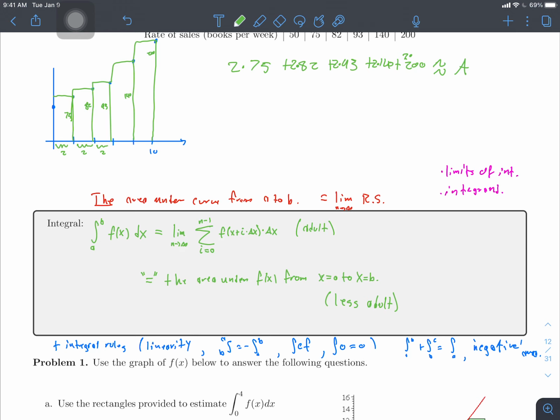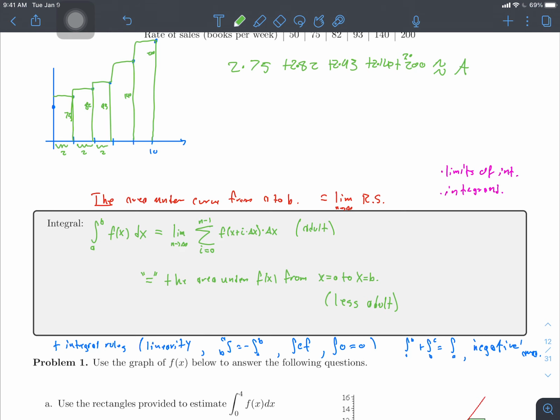The adult version says we take a Riemann sum and allow the number of rectangles to become arbitrarily large, and after a while, each time we add one more rectangle, it's barely changing the result. There's justification needed to say what this limit means and why it converges, but that's outside of the purview of this class.